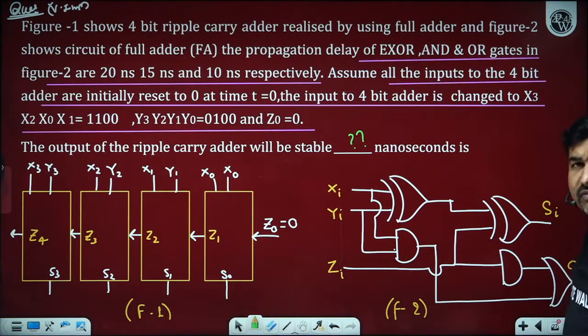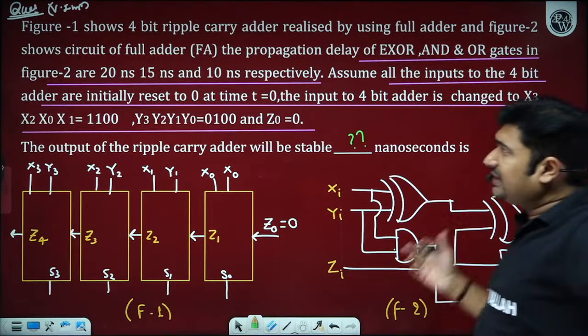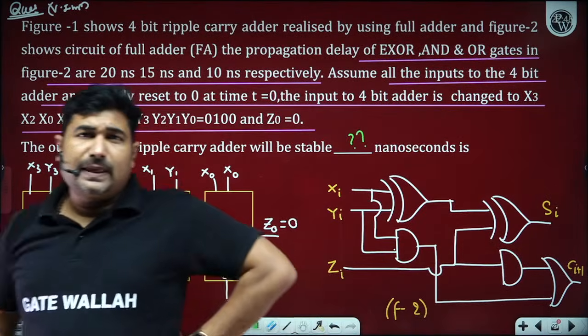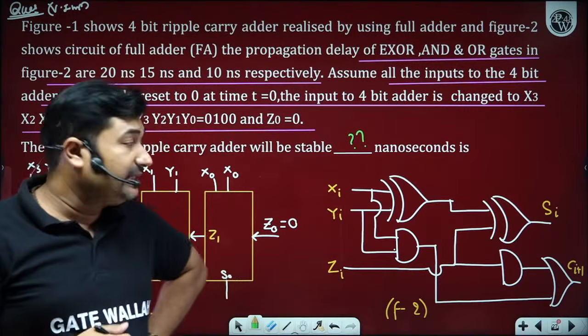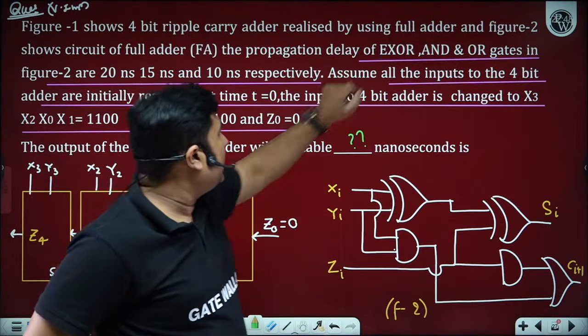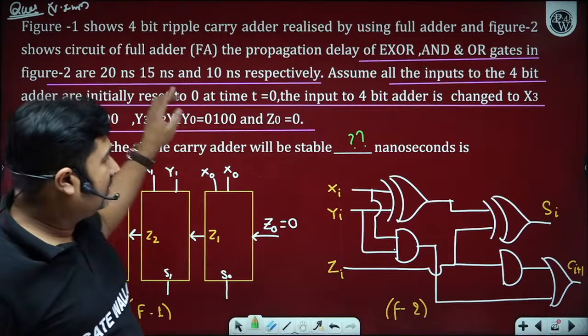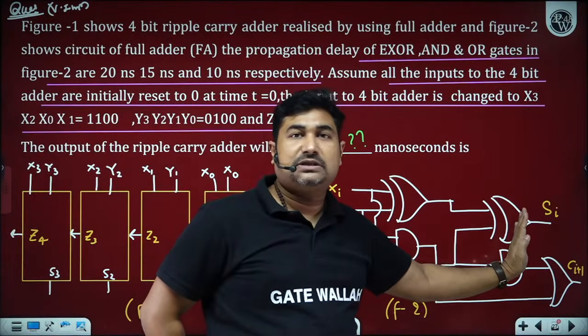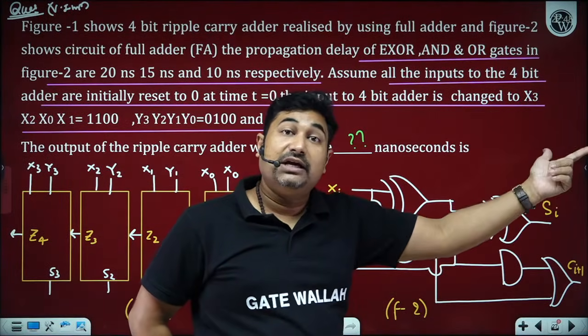Can you identify the worst case delay? Yes, sir. It is very easy. The XOR gate will have a delay of 20 nanoseconds, so the sum bit will come in 40 nanoseconds.